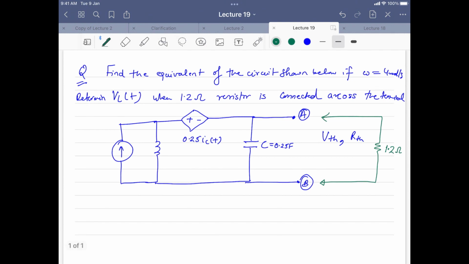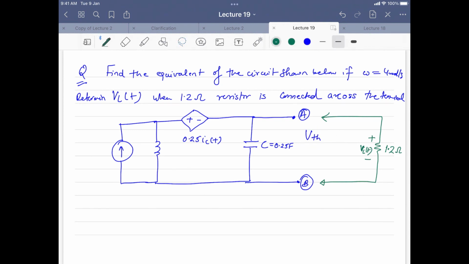Just a minute, I will remove this from here. Initially it is not connected.